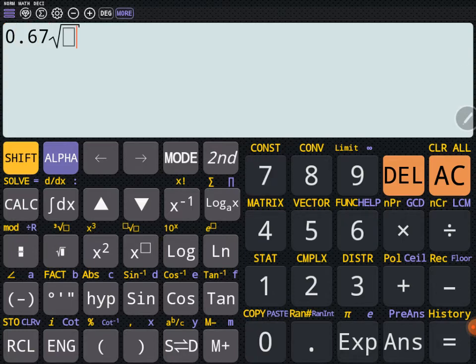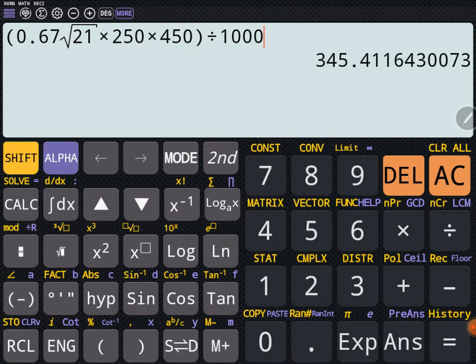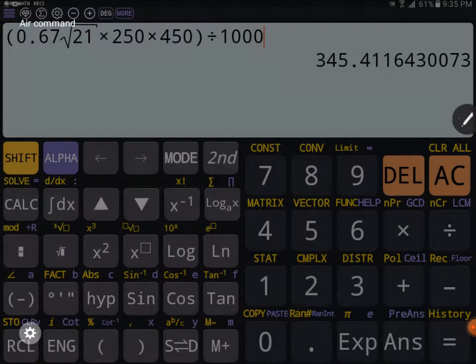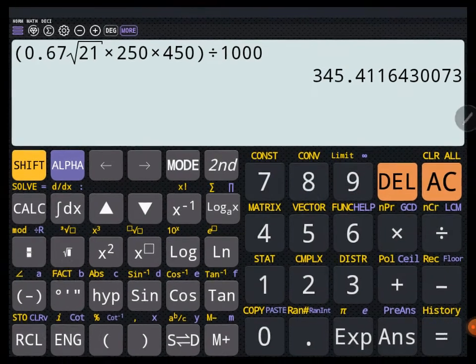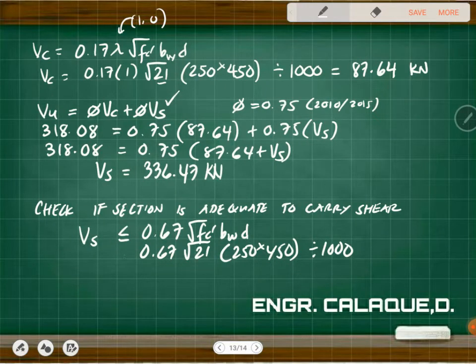Lahat yan, divide natin ng 1,000. So, we have 345.41 kilonewton. So, check natin kung okay siya.